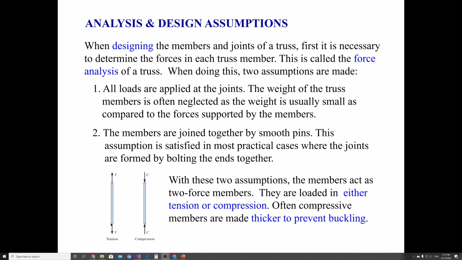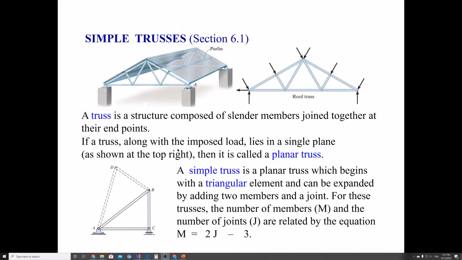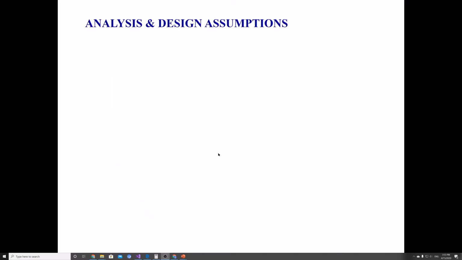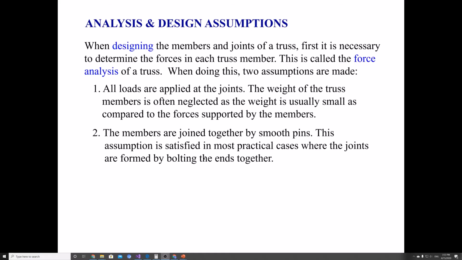Any of these members are either under tension or compression. Any forces would be applied at these points. And just real quick, going back to the previous one, you'll notice those are the only forces. They're only acting at the joints. Okay, going back.